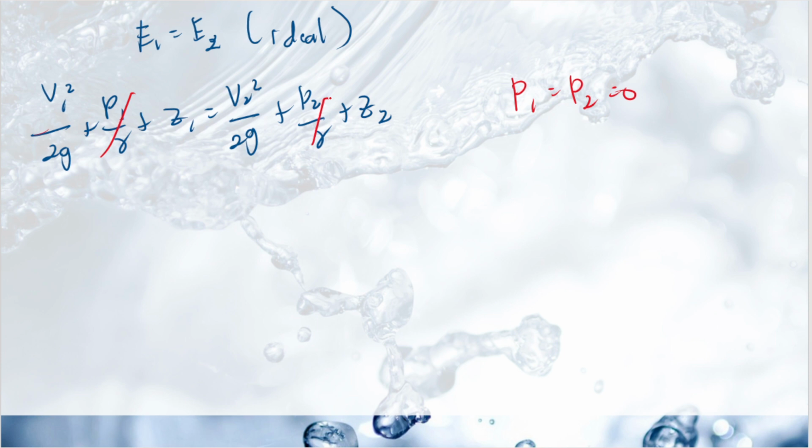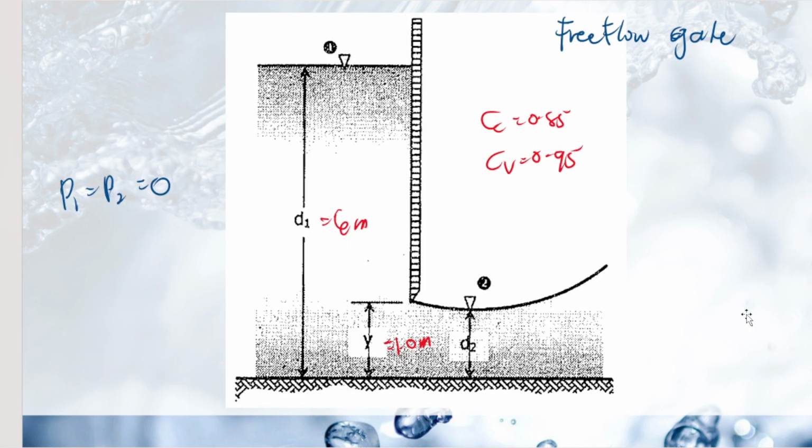What else can we see from the problem? Actually, we could get the value of d sub 2. We have d sub 1, but the value of d sub 2 will come from the coefficient of contraction formula.